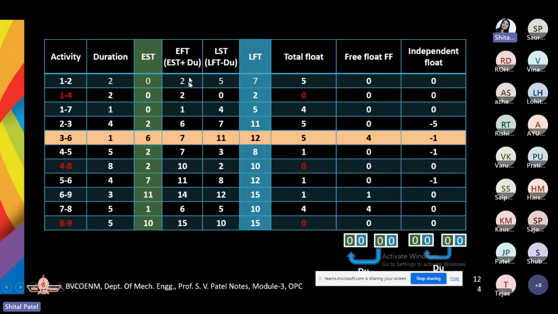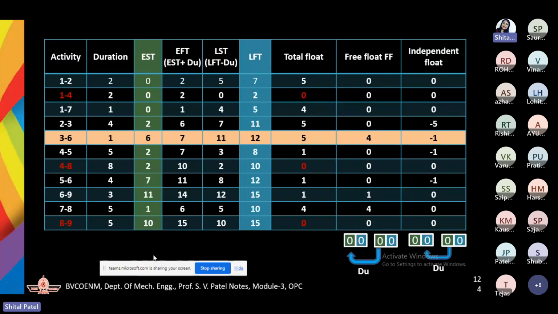Similarly, latest start time, we can find by deducting the duration from the latest finish time. So if you can construct now, as I told you, after practice you'll get this. So directly you find the EST and LFT, and on the basis of these two, by plus and minus duration, you can have your EFT and LST in this way. Okay. So free float, total float and so on, what they are, I have given in the diagram ahead.